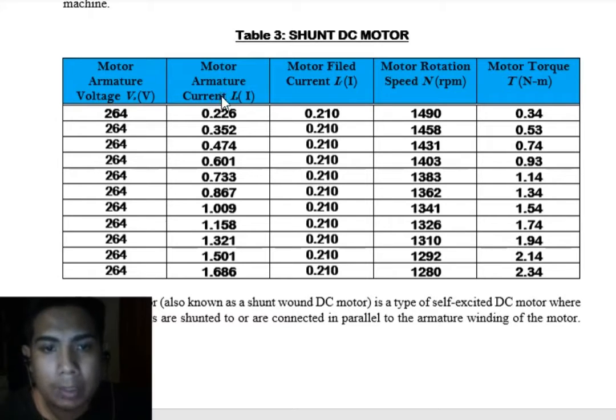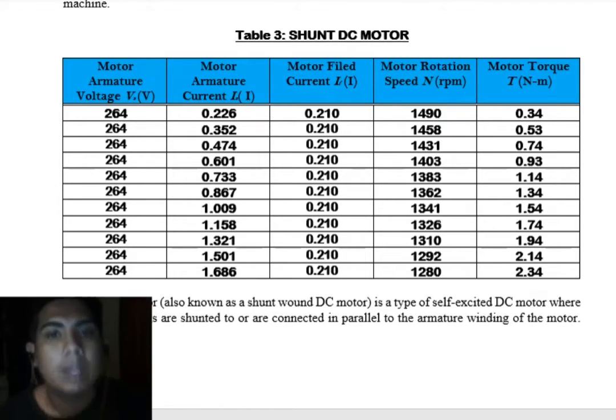The motor armature current is increased from 0.226 to 1.686. For the motor field, the value is the same, 0.210. For motor rotation, it decreased from 1490 to 1280.